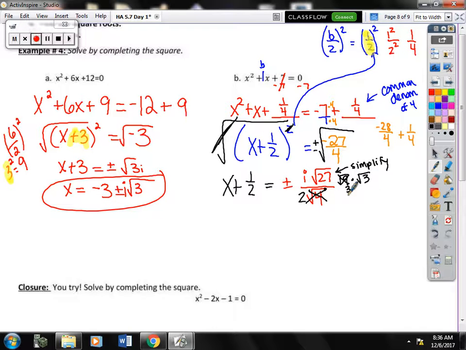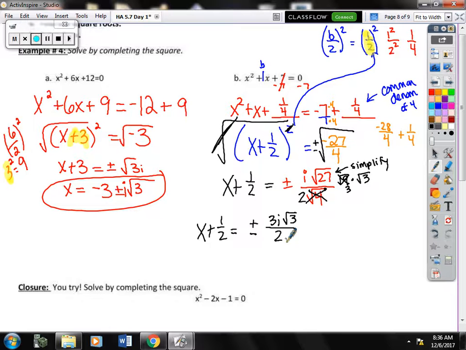The square root of 9 is 3. So at this point I would have x plus 1/2 equals plus or minus. Now we have an outside 3 and an i, so usually I'll write that as 3i instead of i3. 3i square root of 3 over 2.